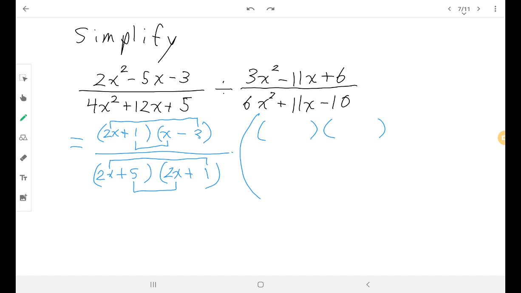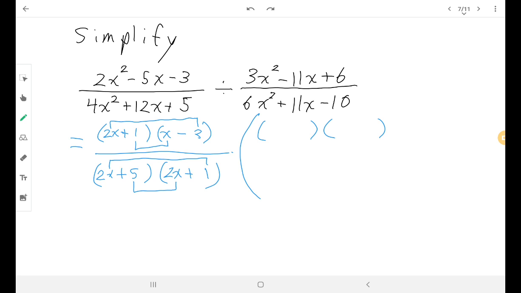Well, 5 times 2 is 10, but then I'd have to use 3 times 2 is 6, so that doesn't help either. What about 3 times 5 and 2 times 2? 3 times 5 is 15, 2 times 2 is 4, 15 minus 4 is 11.